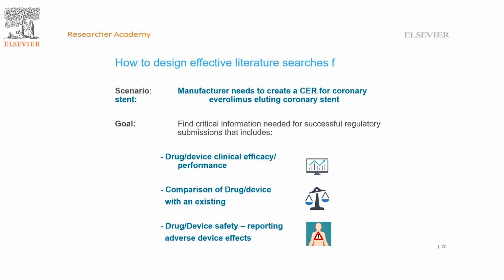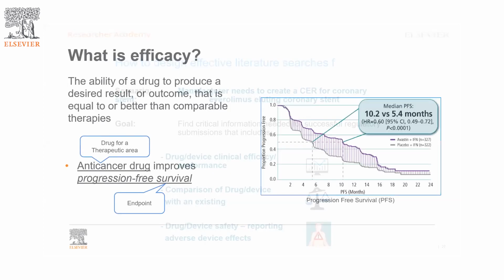If you are starting to collect comprehensive information about a drug, you need to collect information about clinical efficacy. You need to compare your drug or medical device with others that already exist in the market, and also you need to collect all information about safety of a drug or medical device that you are trying to make a medical review for.